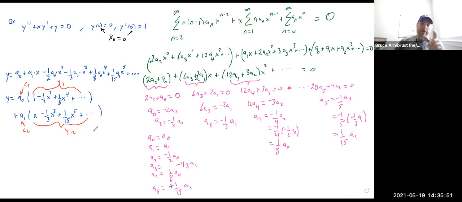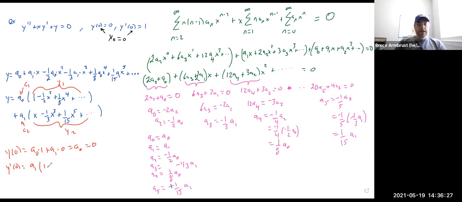So if you always center it at the spot, the x minus x naught, whatever it happens to be, when you plug in your initial condition, those are all going to go to 0. So this is like crazy fast. Y of 0 is going to equal a naught times 1 plus a1 times 0. So a naught. We knew y of 0 equals 0, so a naught equals 0. And then when we go to the derivative, this is also pretty fast, because when we differentiate, you get 1.